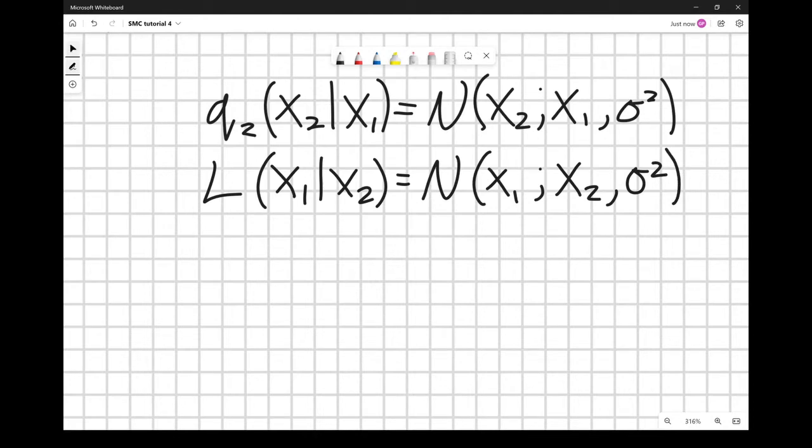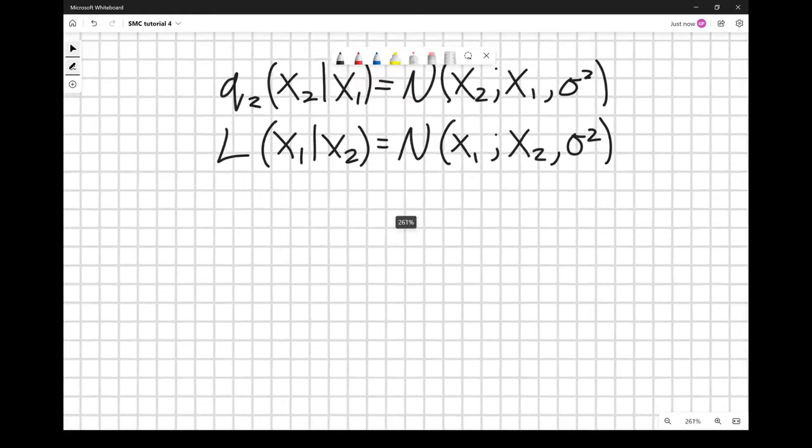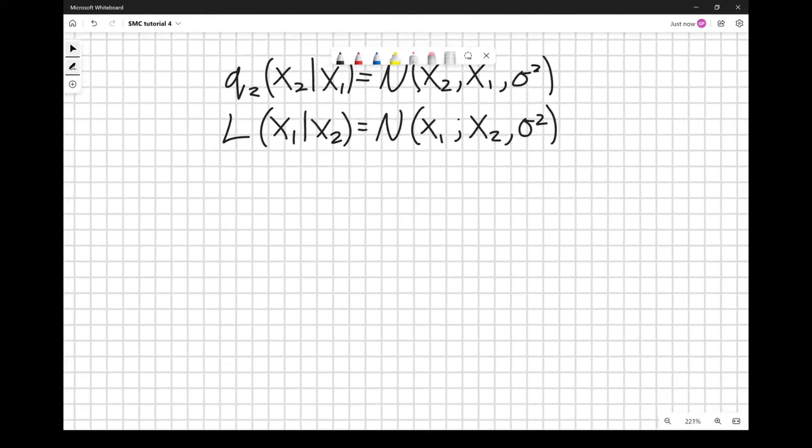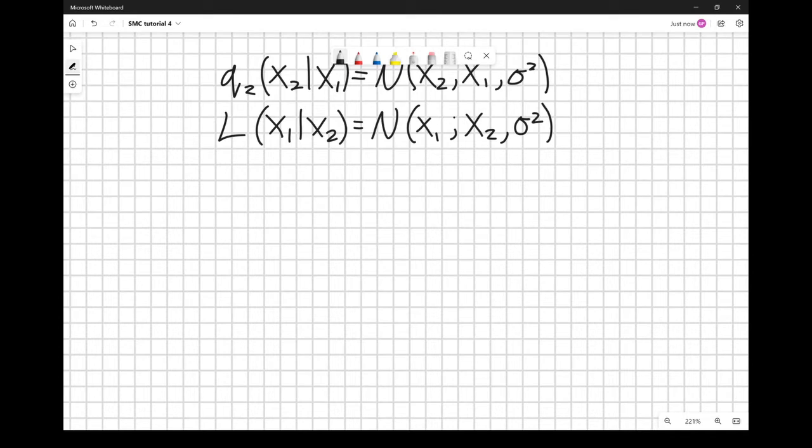So why might we do this? Well, it might be obvious already, but if we do a quick drawing down here, I'm going to put a vertical axis which represents probability density, and a horizontal axis which represents x.